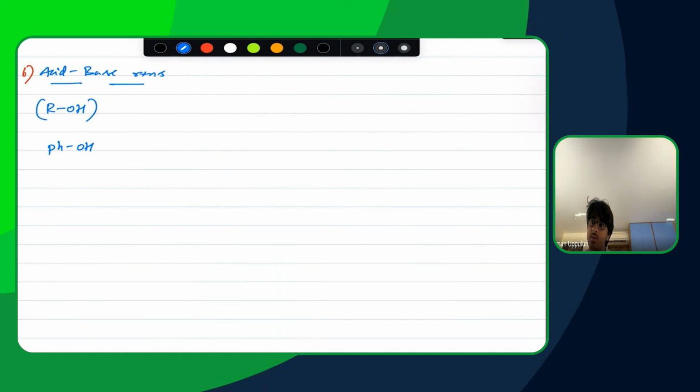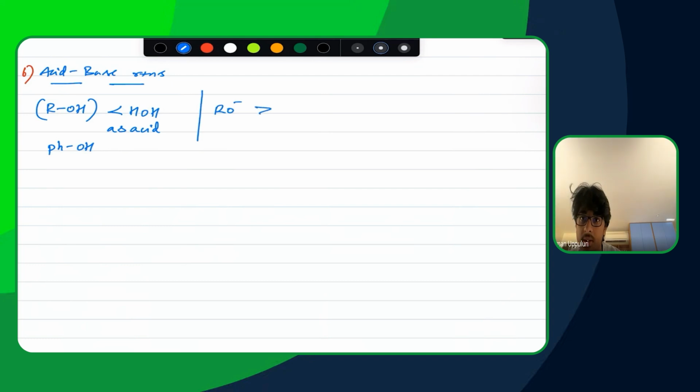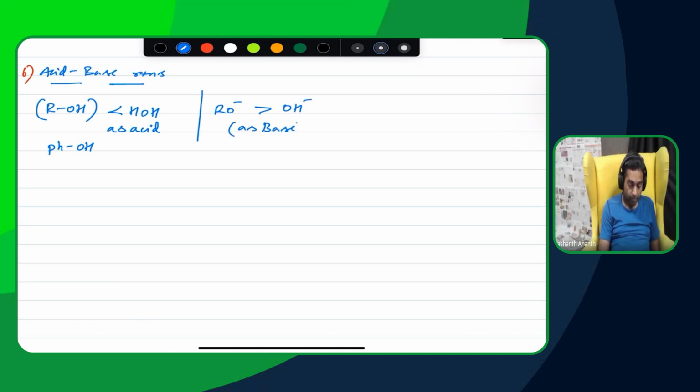Weaker. So this is weaker than water as an acid. But that consequently also means RO minus is a stronger base than OH minus. Correct? Yes, sir. Phenol on the opposite end is going to be stronger than water as an acid.